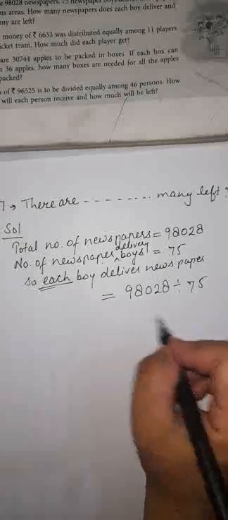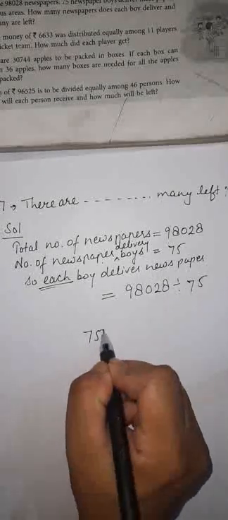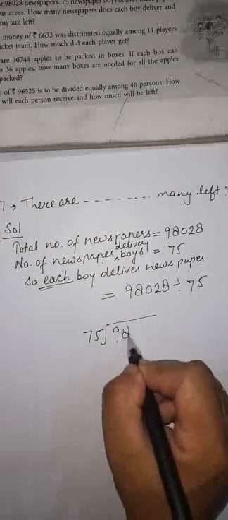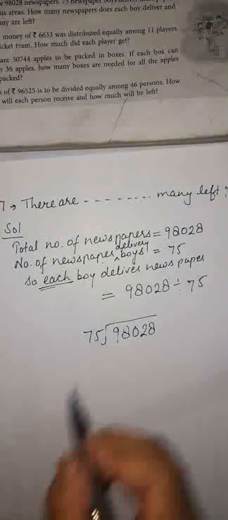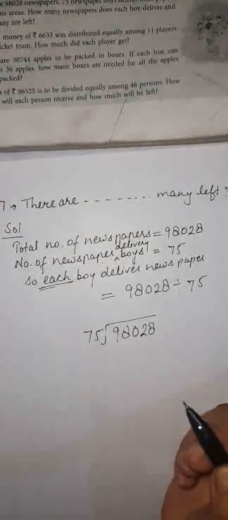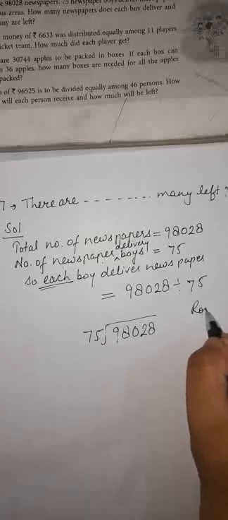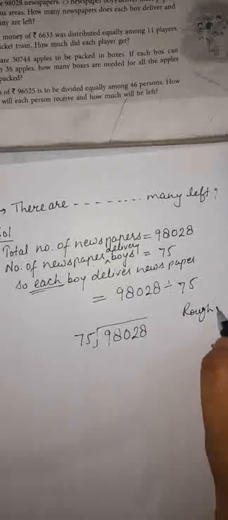Write this number in division column. Outside the bracket we will write 75 and inside the bracket we will write 98,028. The table of 75 is a little bit tough for you, so you will make a rough column and mention it. Rough work.